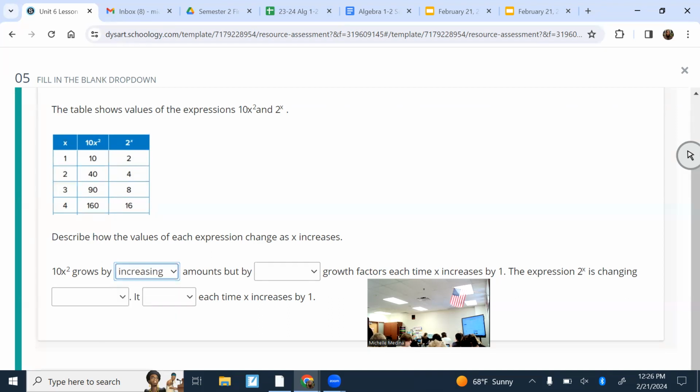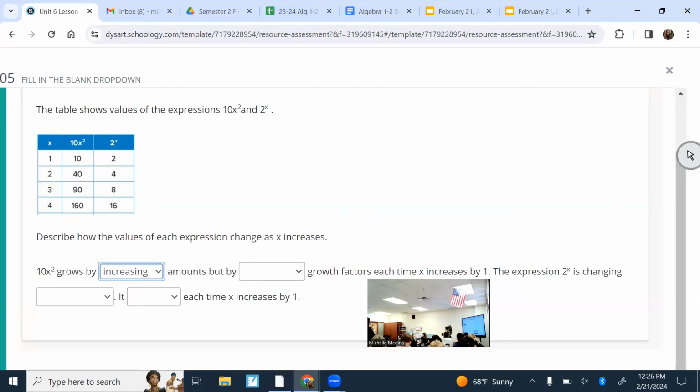Increasing for sure, goes from 10 to 40 to 90 to 160. But by blank growth factors. Remember, factors are things that we multiply. So you would have to find the growth factors for this column. How can I go from 10 to 40 by multiplying? Times 4.